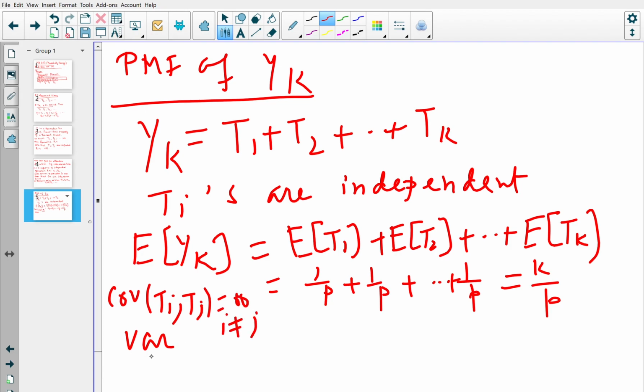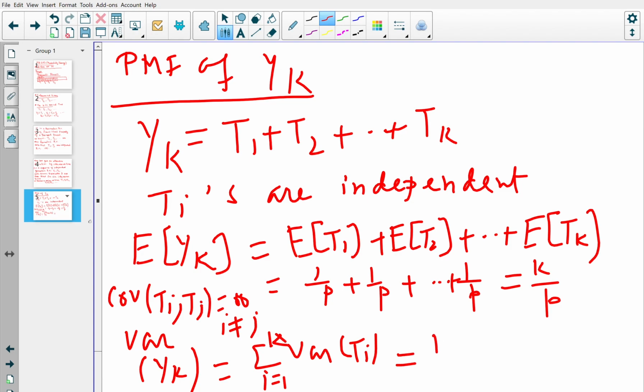So the variance of Yk is nothing but the sum of the variances of Ti, i equal to 1 to k, and this is nothing but k times (1 minus p) over p squared.